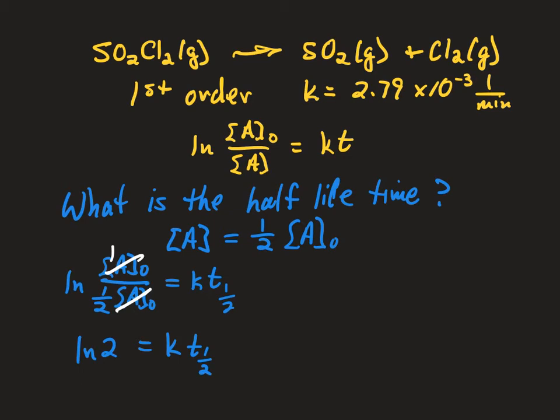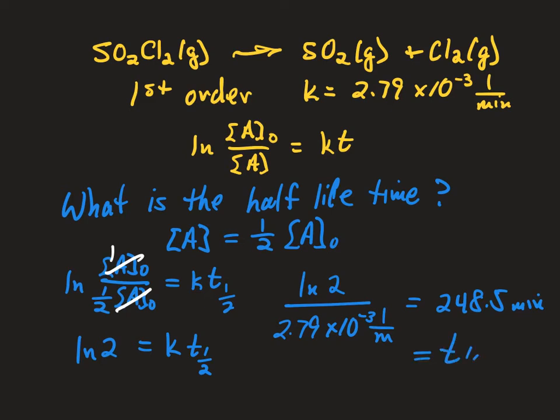Really all we have to do is take the natural log of 2 and divide that by our rate constant, 2.79 times 10 to the minus 3 per minute. If you do that division, you get 248.5 minutes, and that is equal to our half-life time for a first-order expression.